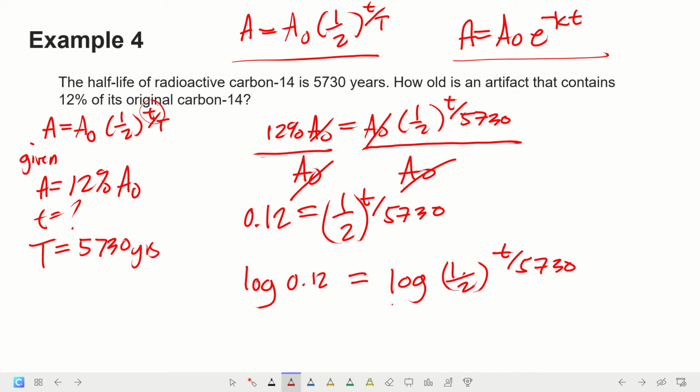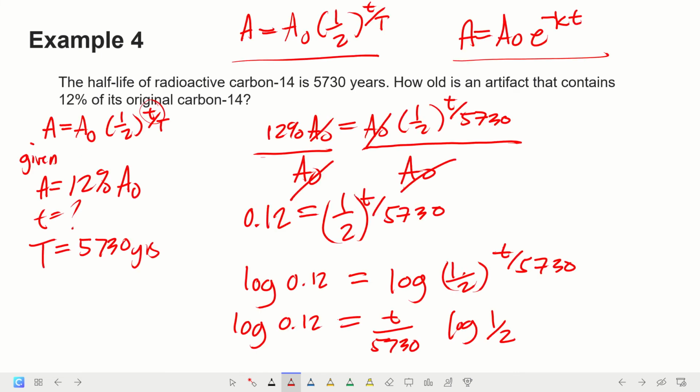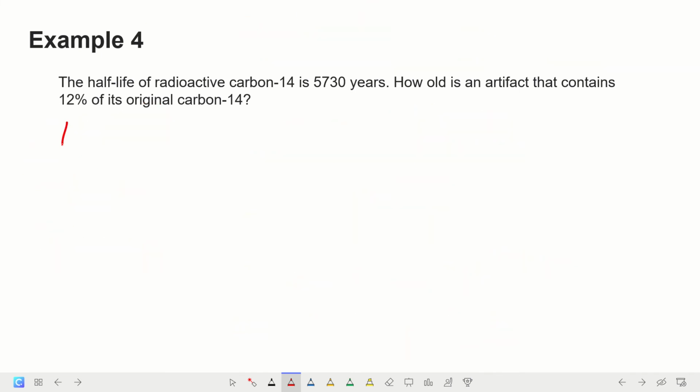So expanding this expression, we have log of 0.12 is equal to t divided by 5,730 times the logarithm of 1 half. Okay, so i-rewrite natin dito. Ano na ngayon? Okay, so log of 0.12 is equal to t divided by 5,730 times the logarithm of 1 half.